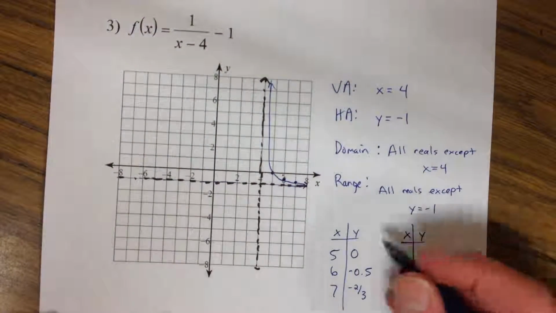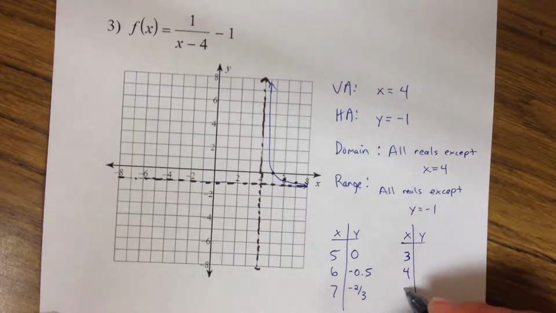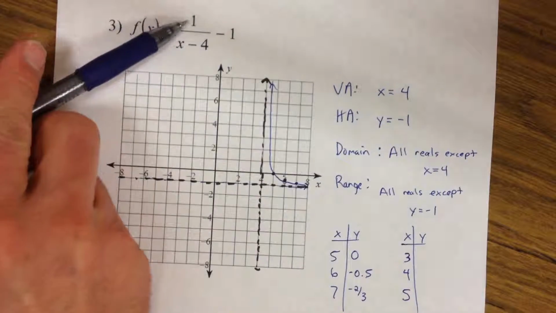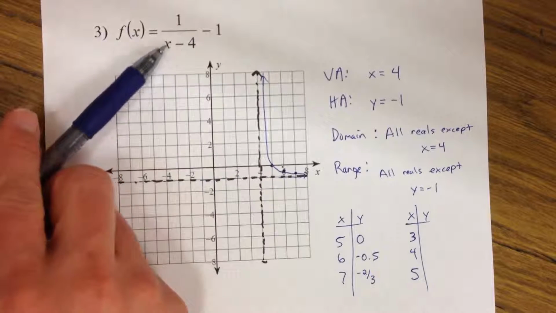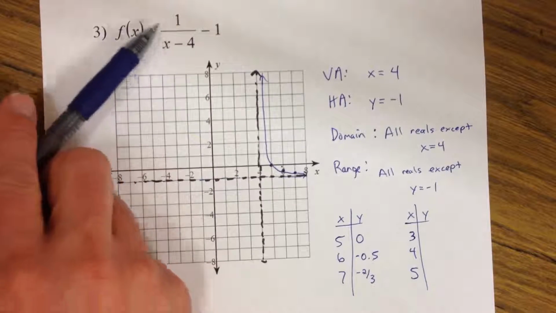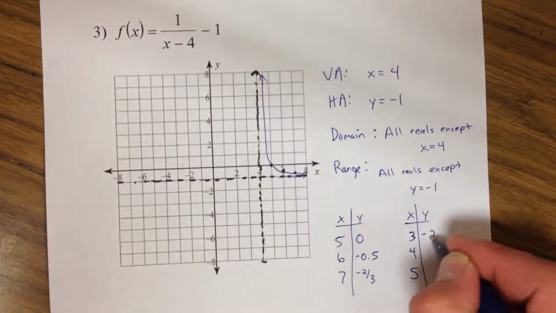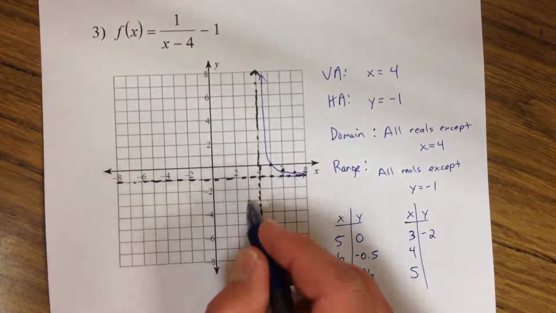And then if I go the other way, if I try 3, 4, and 5, 1 over 3 minus 4, 3 minus 4 is -1. So 1 over -1 is -1, minus 1 is -2. So 3, -2.